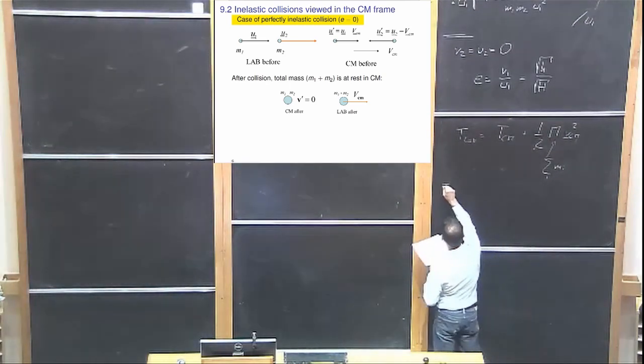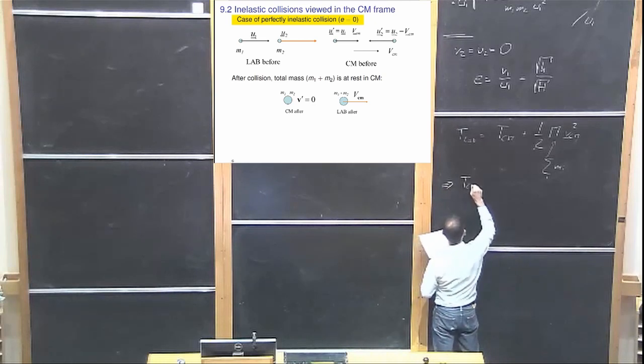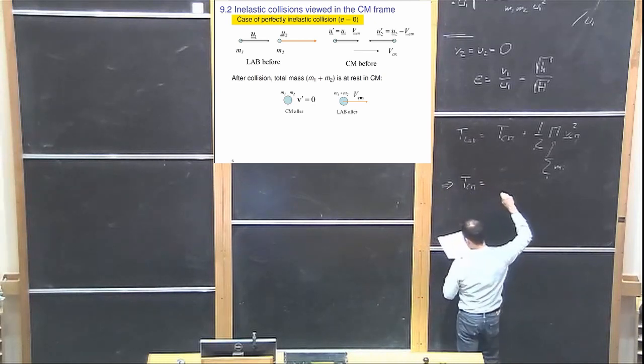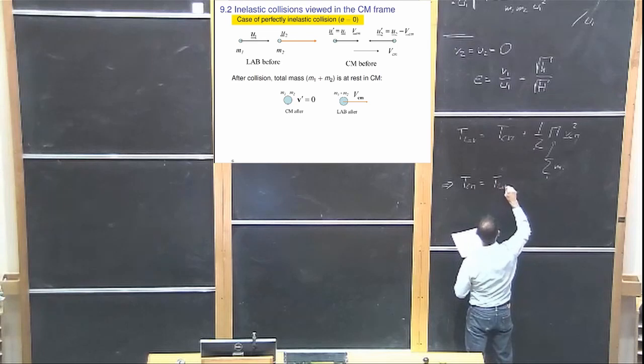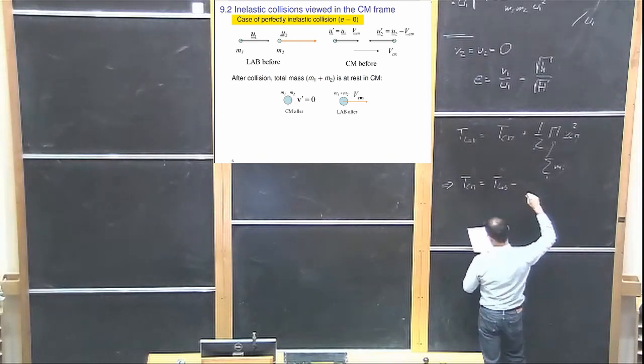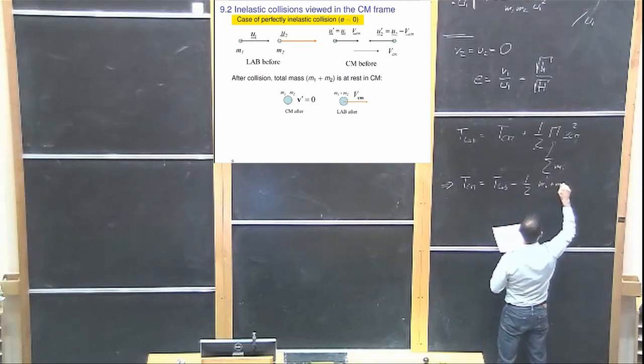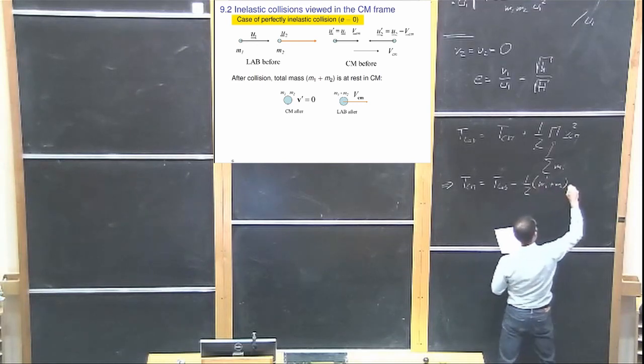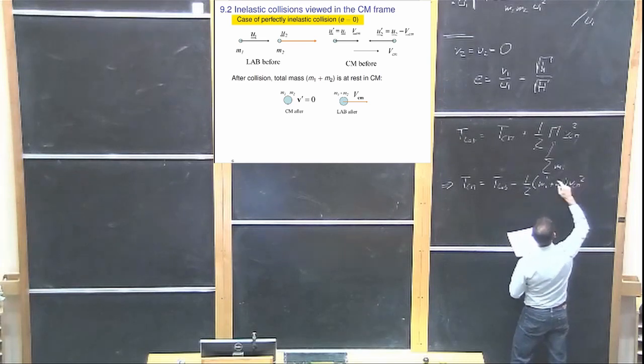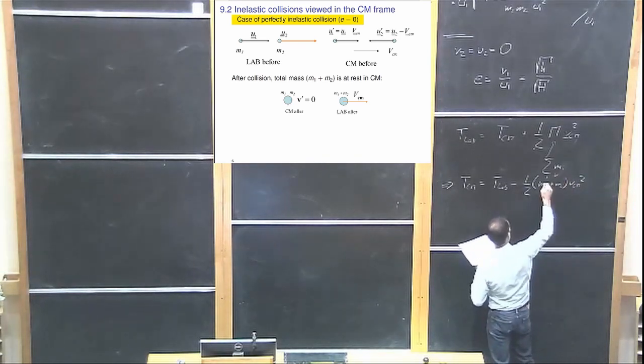So if you then rewrite that, TCM equals T lab minus 1/2 (m1 plus m2) VCM squared. I've just plugged that in. We're dealing with two masses, m1 and m2.